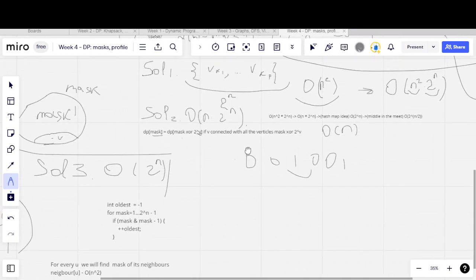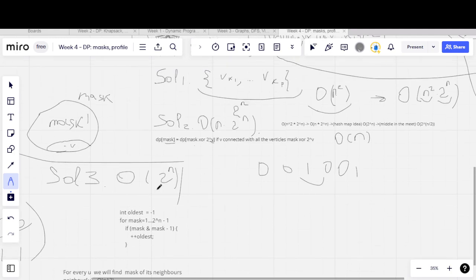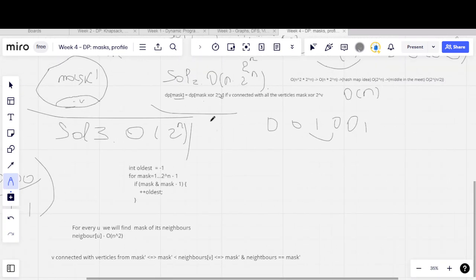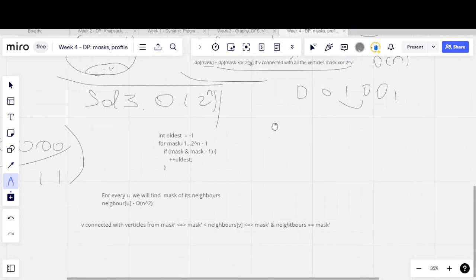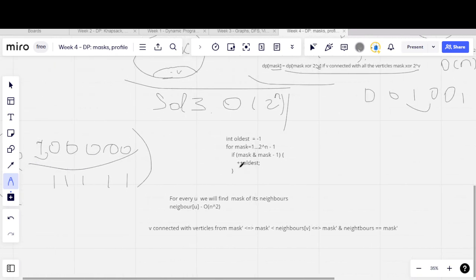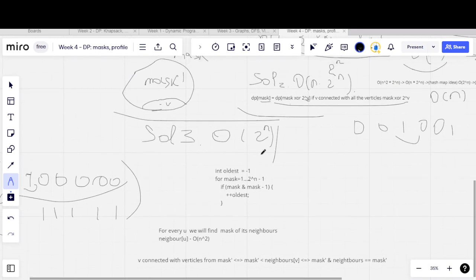So in this solution we consider every vertical, consider the oldest, and in this condition we check for O(1) because we create the hash map before we start to calculate dp. This is the improvement of this solution.